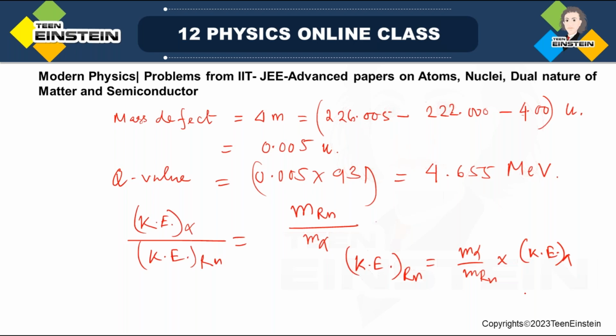So now if we put in all the values, which are given, we will get 4 by 222 into 4.4. This will again come in MeV, and this will give you 0.08 MeV.